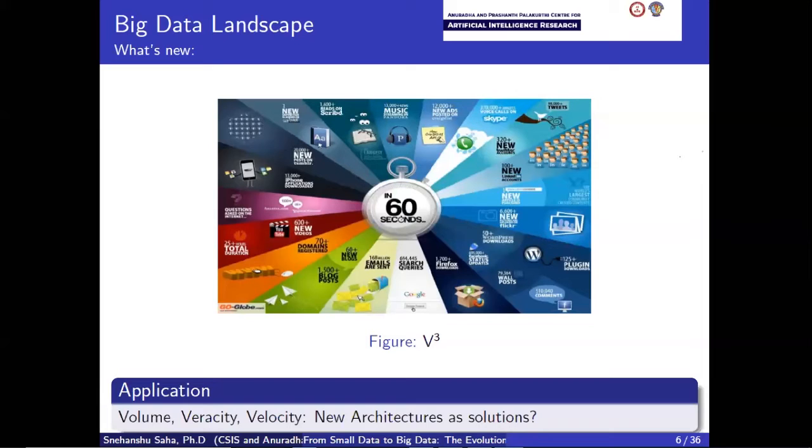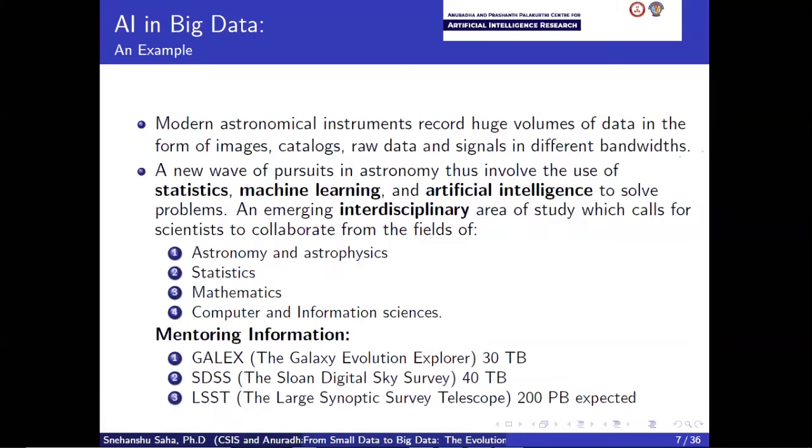In the search for new architectures and pipelines, people almost forgot that they were ignoring one of the core parts of data inferencing, which is the method, and how efficiently those methods solve really challenging problems. So my question is, is new architecture a solution? Yes. Is it the only solution? The answer is no.